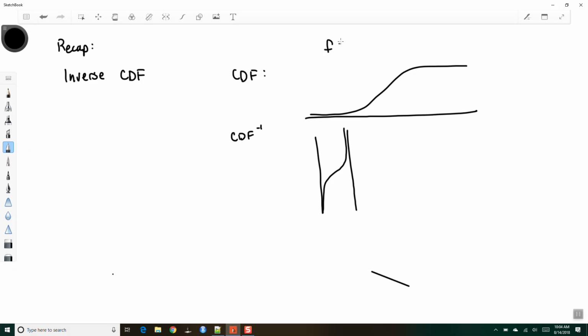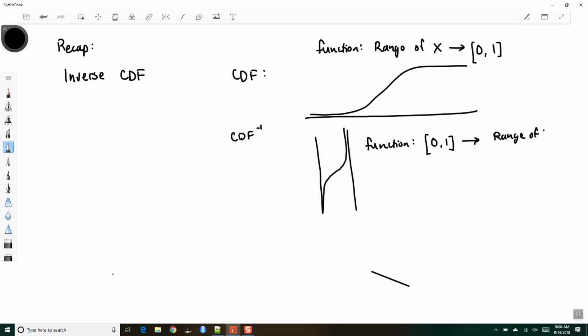The function goes from the range of X, gets mapped to the range 0, 1. Functions, all they do is map one set of values to another set of values. I guess this should technically be the domain of X. Okay, so that's inverse CDF.